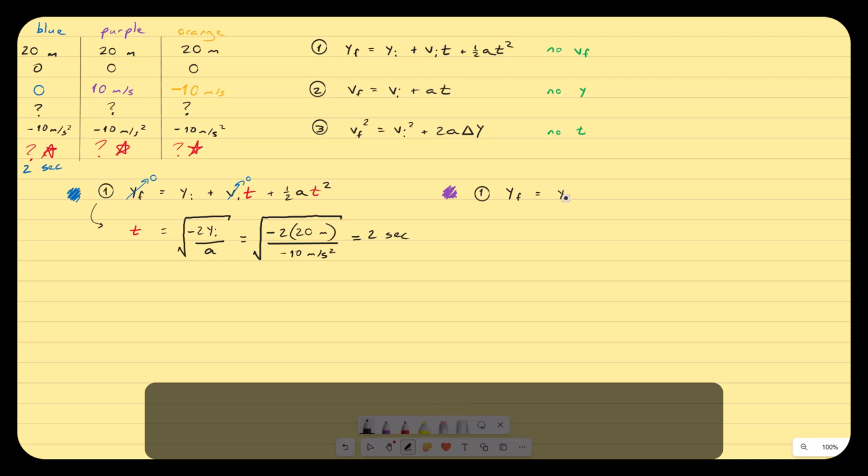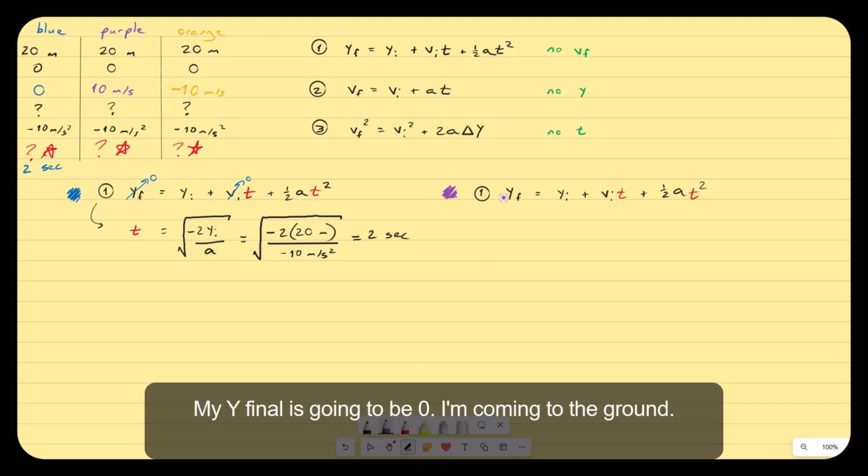Y final equals Y initial plus V initial t plus half a t squared. My Y final is going to be 0. I'm coming to the ground. V initial is no longer 0. It's +10 meters per second.